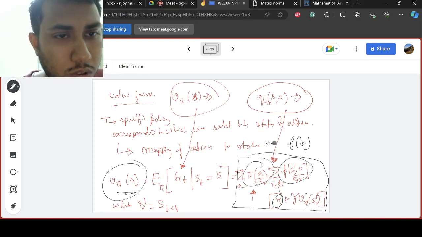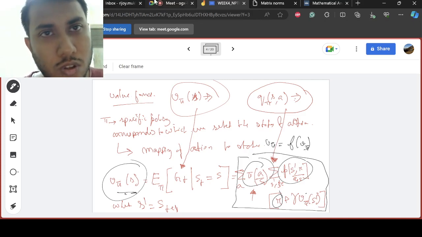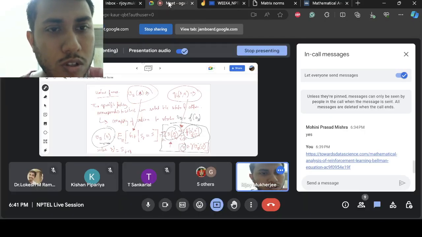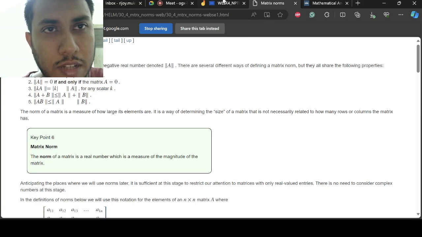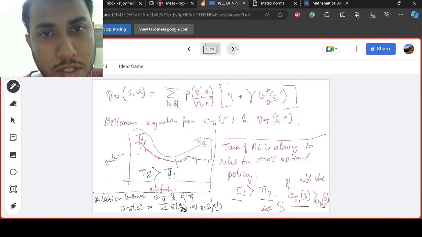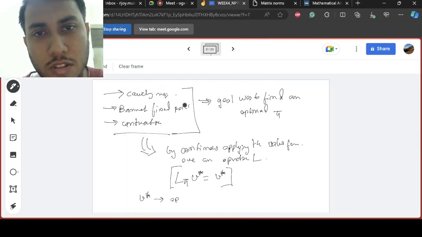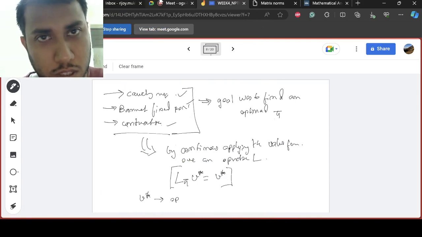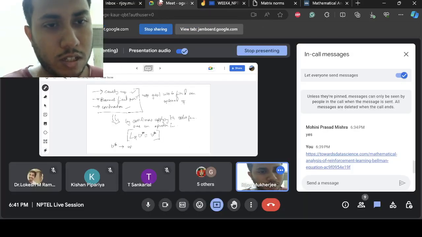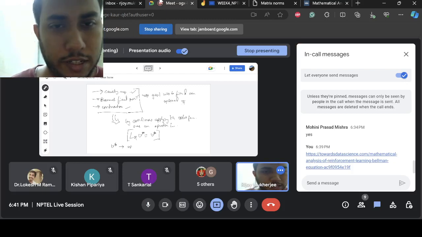So this whole V pi is basically a function over V pi, right? So your goal is to find a pi which satisfies this equation, right? That's it. And for that we use these different tricks, Cauchy sequence, Banach fixed point, and contraction, to find that value. That is the crux of the gist of the videos, nothing more.